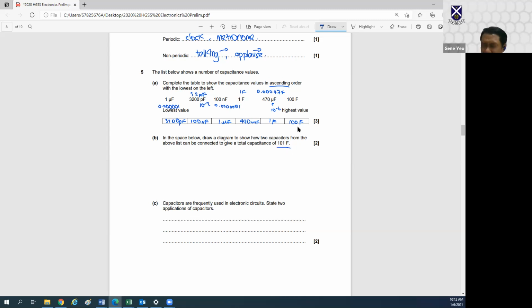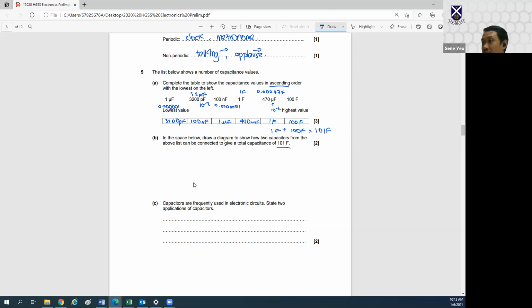So it's quite a very easy question because there's 1 farad and there's 100 farad. So all I need to do is just add 1 farad to 100 farad, and this gives me 101 farad. Yeah. So in order to just simply add them, these two capacitors must be placed in parallel.